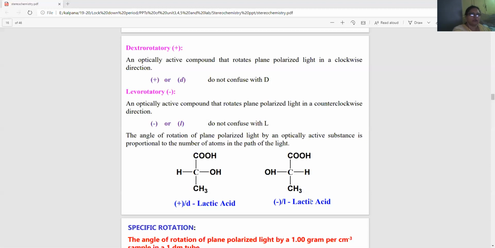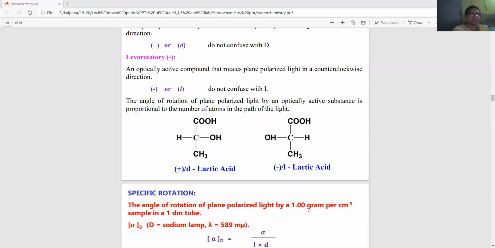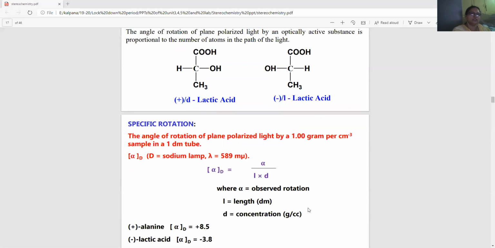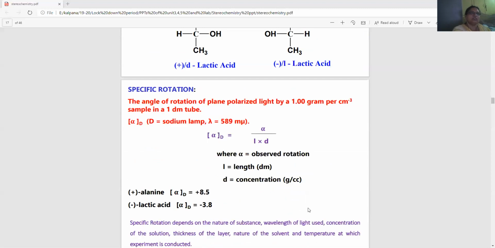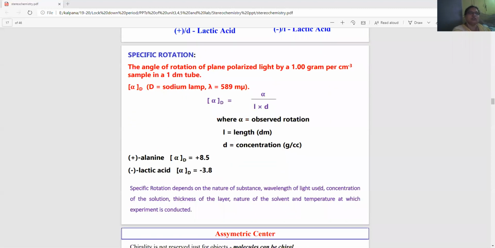Now coming to the specific rotation. This polarimeter and optical activity is used to find out the specific rotation. The angle of rotation of plane polarized light by 1 gram per centimeter cube sample in a 1 decimeter tube is called specific rotation.